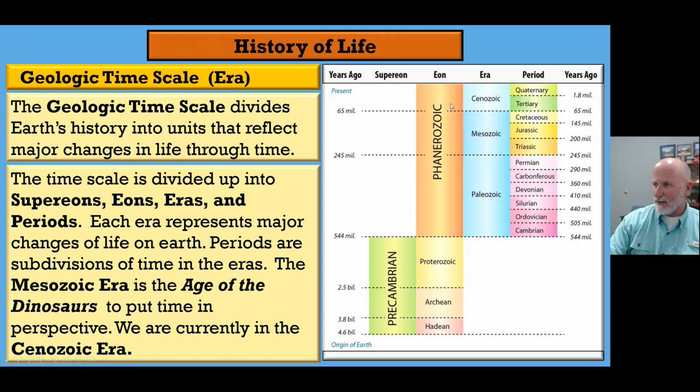But I don't think you want to talk eons with kids. Most people can't begin to understand that or super eons. You might tell them what they are: eons are the Phanerozoic and the Precambrian and so forth. Actually, Precambrian is a super eon, but you can mention them, though I don't know that that's a big learning thing.